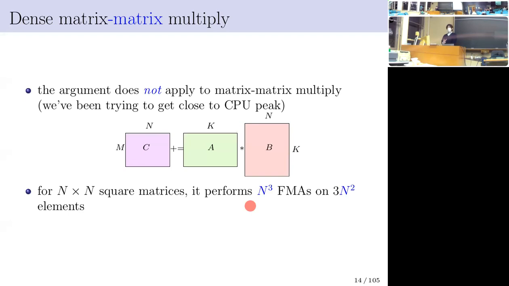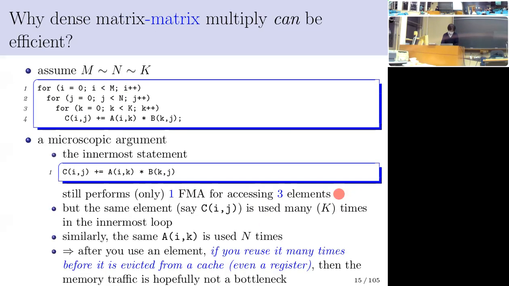Then the number of FMAs it performs is n cubed, right? N to the 3. And the amount of data it needs to touch at least once is 3n squared, right? So the point here is this is much larger than this. This is n cubed, and this is only n squared. So this kind of algorithm is arithmetically intense, or computationally intense.